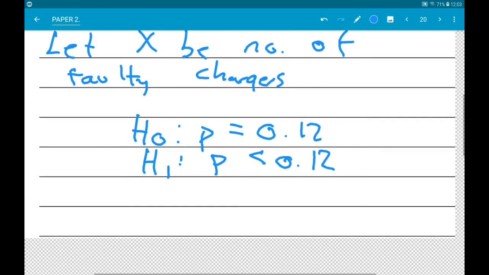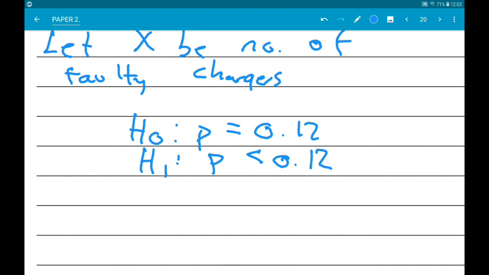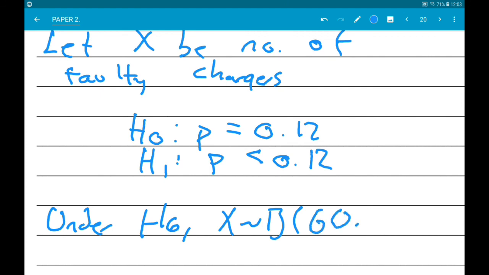So we say under H0, X follows a binomial distribution, n is 60 and p is 0.12.